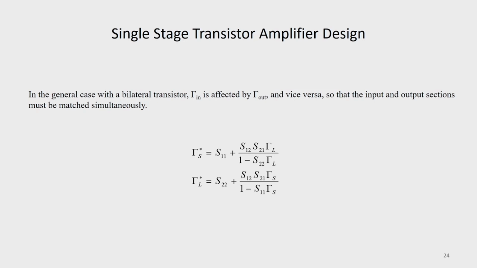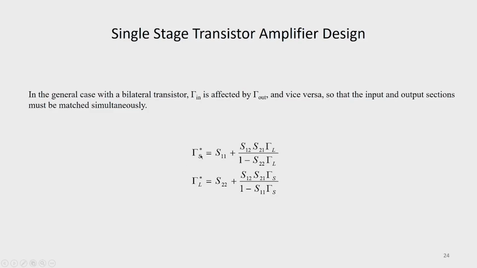That means gamma out will be affected by any changes that we make in gamma in. So, we can write from our earlier discussion that gamma in is equal to gamma s conjugate.